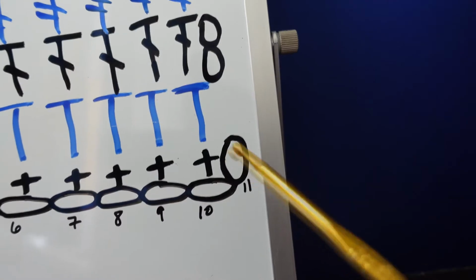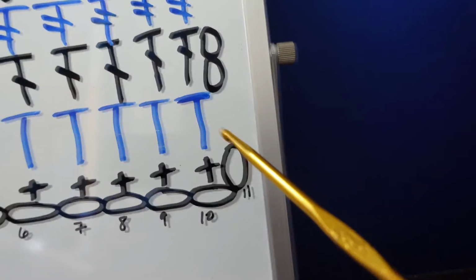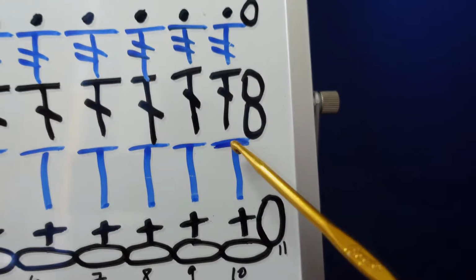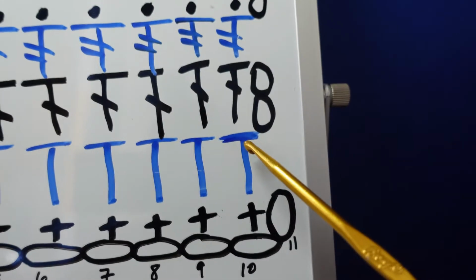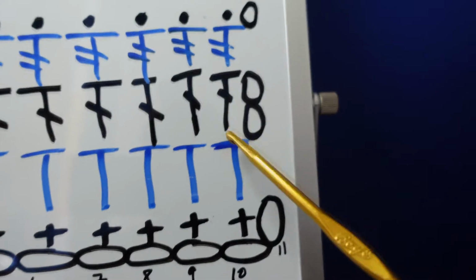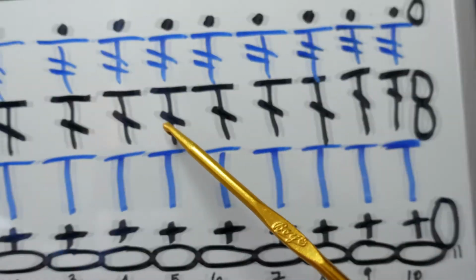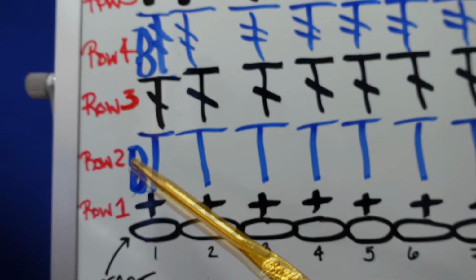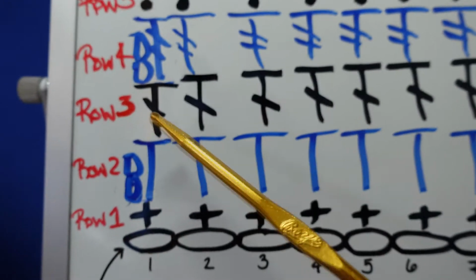We don't put a half double crochet in that chain 1 there. Then we chain 2, put our first double crochet into the same stitch that the chain 2 is coming out of. Then we put double crochets in 1 in every stitch across. We don't put a double crochet into that chain 2, okay?